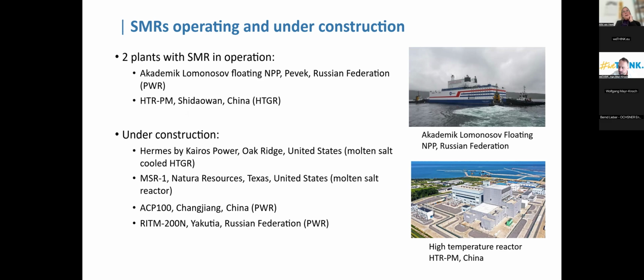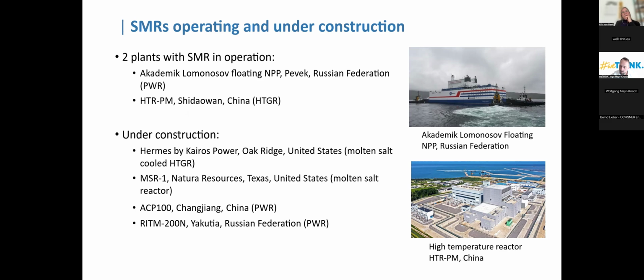But for SMRs deliberately built at small size, under construction there are 2 in the United States: one HTGR, Hermes, by a company named Kairos Power, and a molten salt reactor, MSR-1, by a company called Natura Resources.